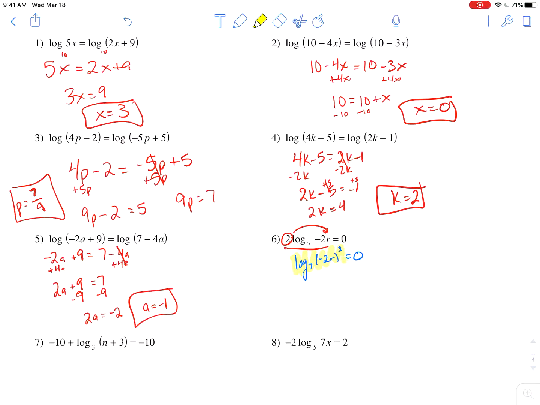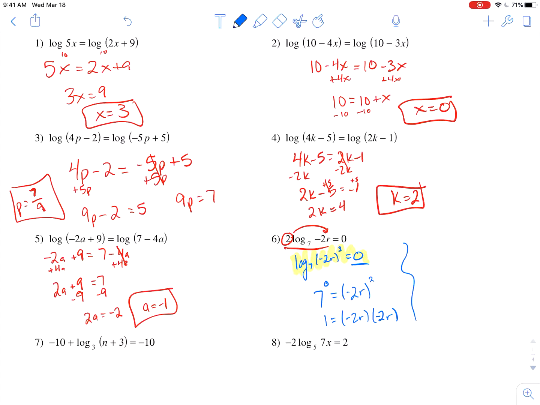And now we have to write this in exponential form because I have a log equals a number. So the base of my exponent is the base of the log. So 7 to the 0 equals negative 2r squared, or 1 equals negative 2r times negative 2r.